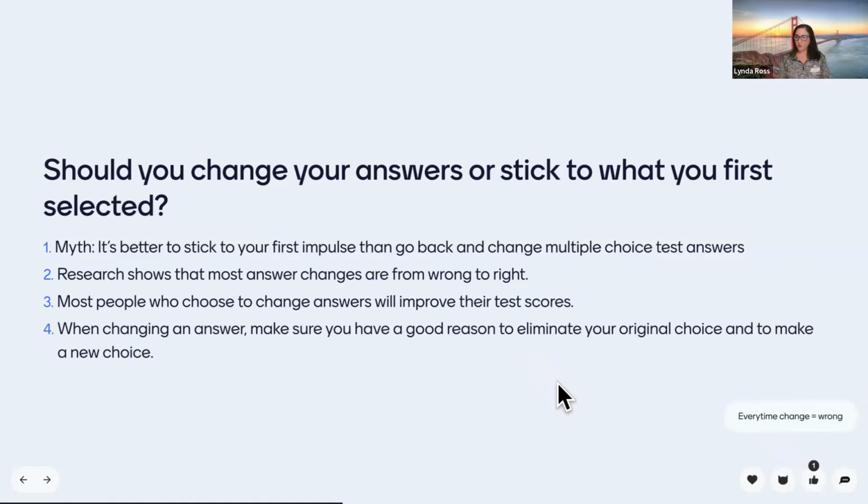I'm not saying this works every time. Changing your answer doesn't mean you're wrong. Again, that's a myth. So why do we think that? Well, this might be a self-reflection post-exam, and our brain can play tricks on us after the exam too, about having changed your answer.